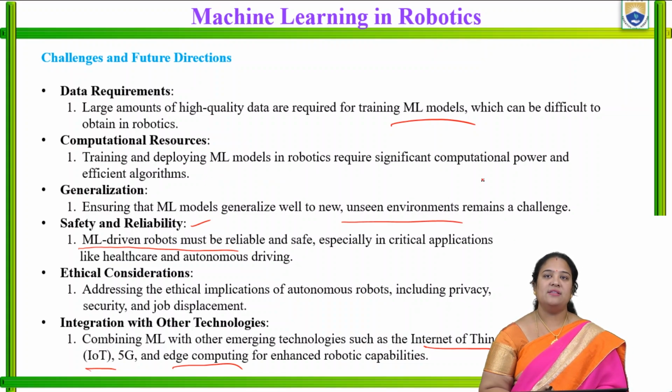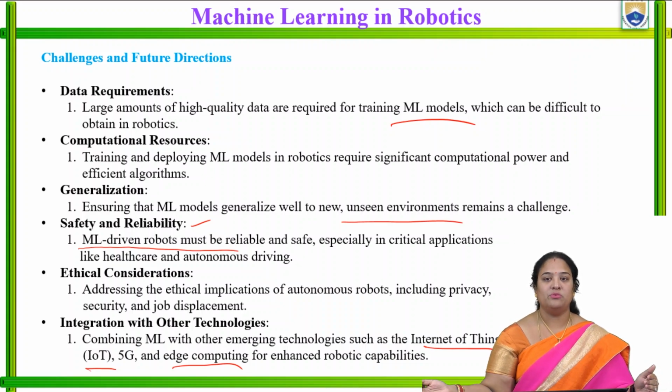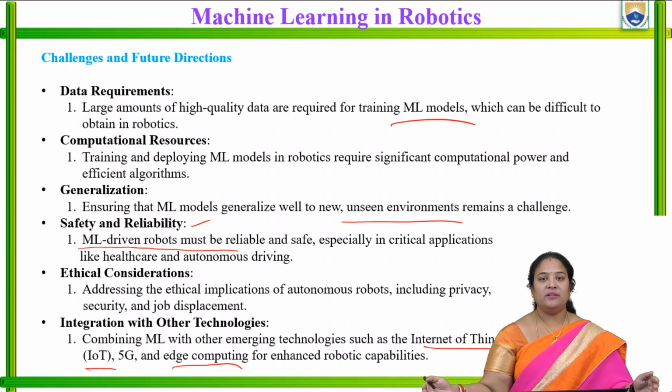So in today's class on machine learning, we have discussed the various challenges and the various future directions. We can also use the Internet of Things, we can use 5G, and now we are going up to 6G. In order to enhance robot capabilities, we need to use new trends and technologies like neural networks, CNN, RNN, the Internet of Things, and 5G, 6G technologies, right?